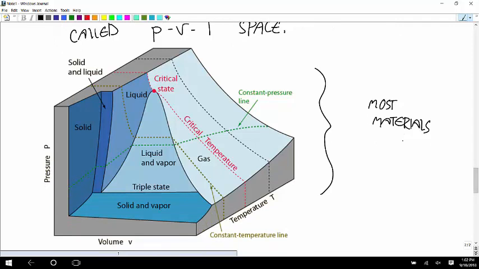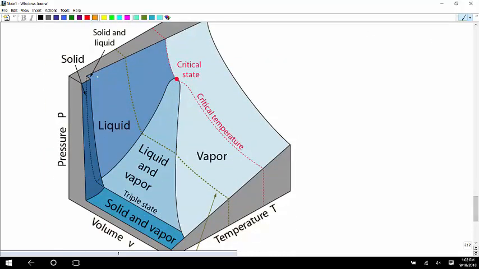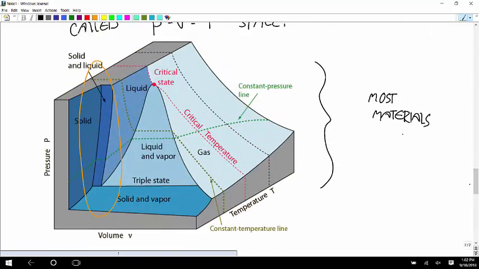The difference is here versus here. And it's related to the fact that most materials, when they go from the liquid phase to the solid phase, they contract if you keep the pressure constant. Water expands when it freezes.